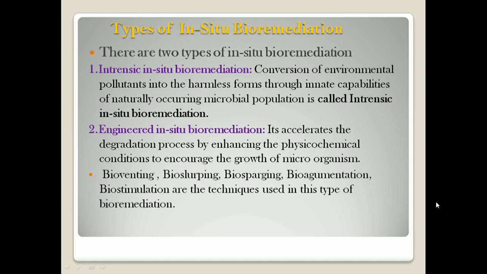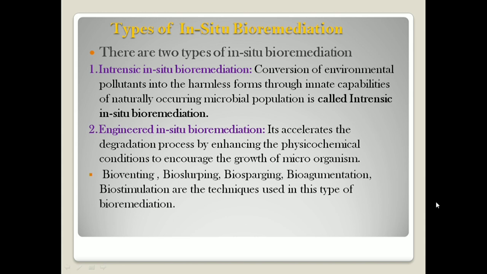There are two types of in situ bioremediation: intrinsic in situ bioremediation and engineered in situ bioremediation. Intrinsic in situ bioremediation involves the conversion of environmental pollutants into harmless forms through the innate capabilities of the naturally occurring microbial population.